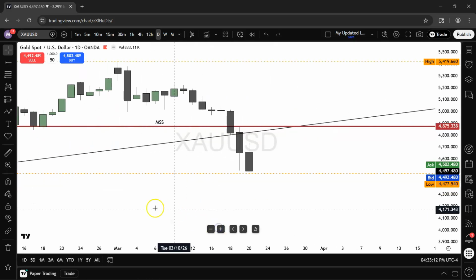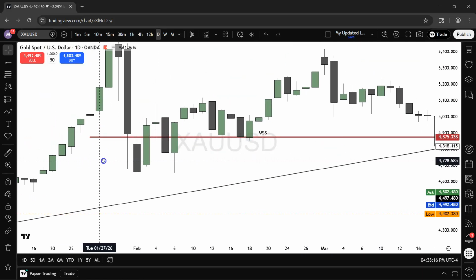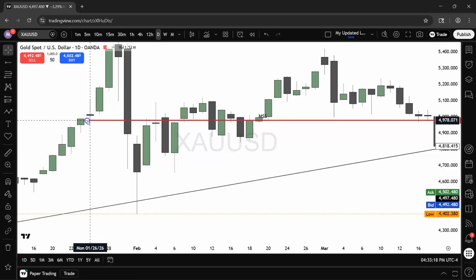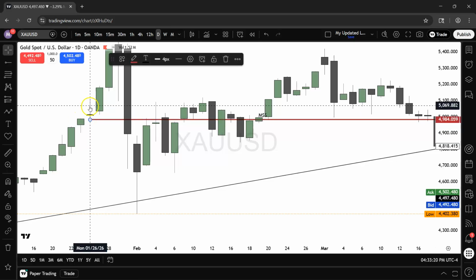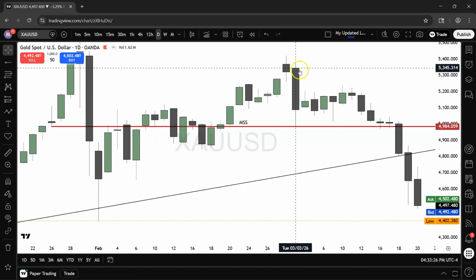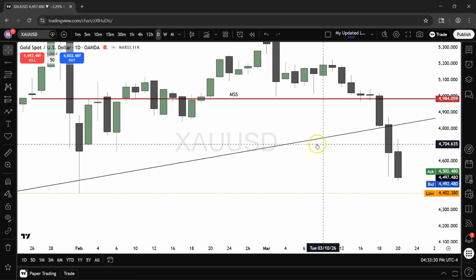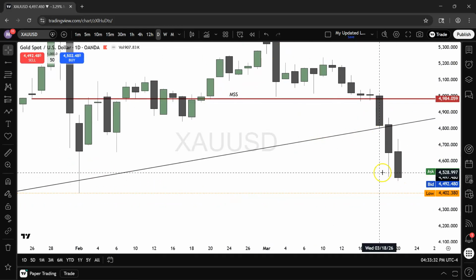So we're going to have to adjust and put it below that black candle right there. Okay, because the market broke below, retraced back, and then made another low. Confirmation that the market has shifted.